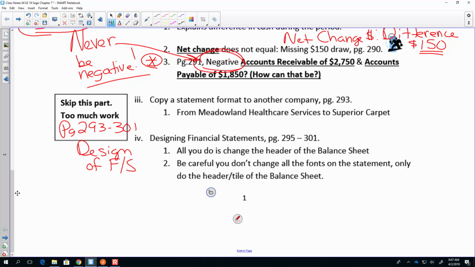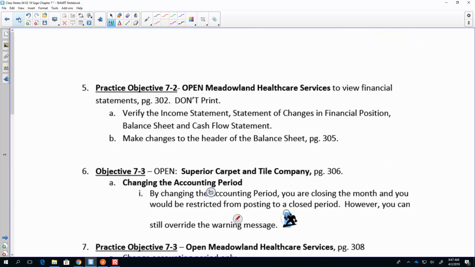We are going to skip that discussion in chapter 7. It's not important. In most cases, you will never ever change the design of an income statement. And what they show you in this book is so limited anyway, it's really not worth our time. So you can certainly go through it. I'm not saying you don't have to, but obviously it's not what I'm going to be looking for. So chapter 7, a lot of the pages we can skip all the way to 301.